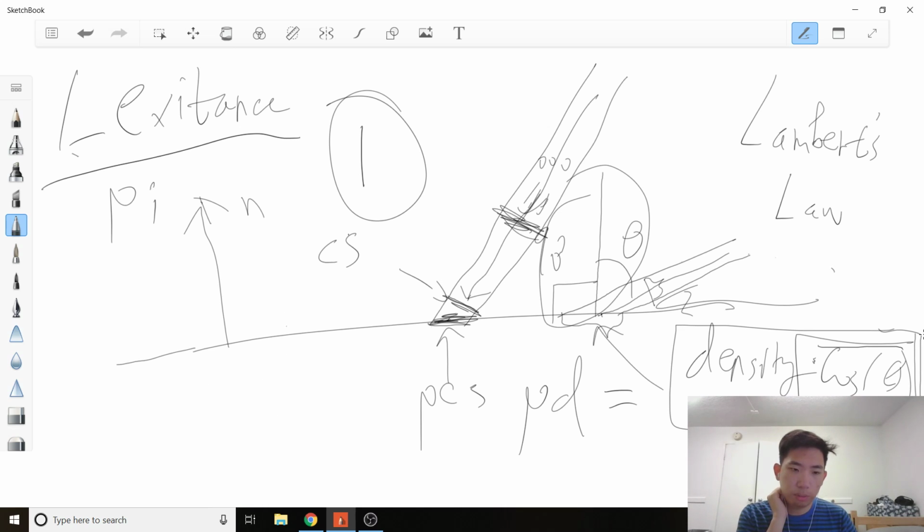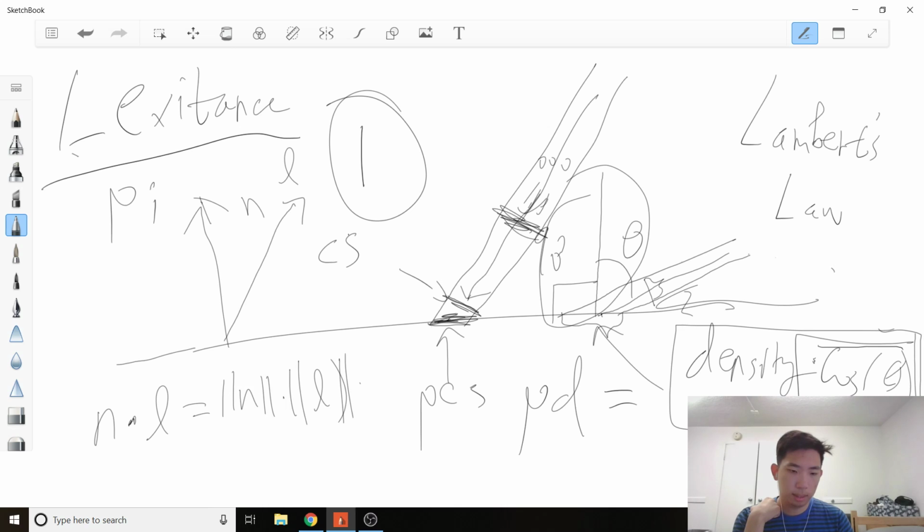So for a surface, if we can obtain a normal vector, we have the incoming. Well, normally, what people do is get the inverse of the incoming sun direction and call it L. Then if we normalize both these two vectors, the dot product between n and L is going to be the magnitude of n times the magnitude of L, multiplied by the cosine of theta between them, which reduces to cosine of theta because the magnitude of both unit vectors is 1.